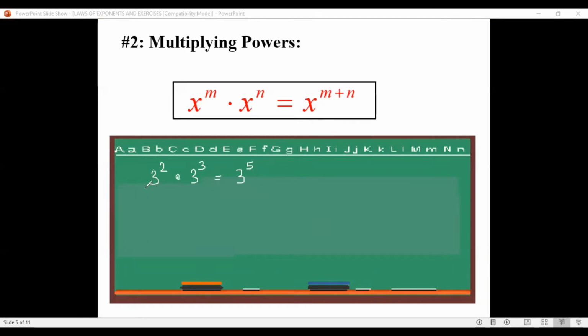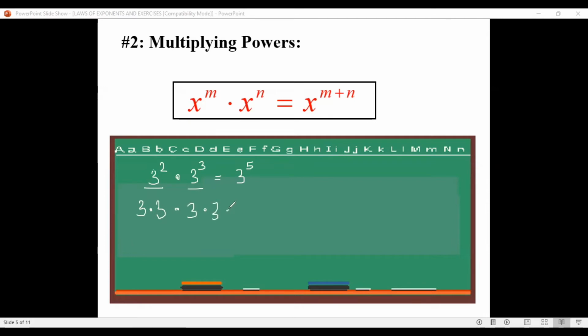If you are going to do it in expansion, you have 3 raised to the second power as what the first rule says. So you have 3 multiplied by itself twice because that is the exponent. And then when you have another 3 raised to 3 here, this is actually 3 multiplied by itself 3 times. So 1, 2, and 3.